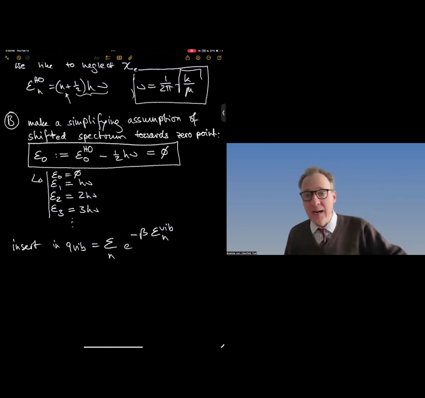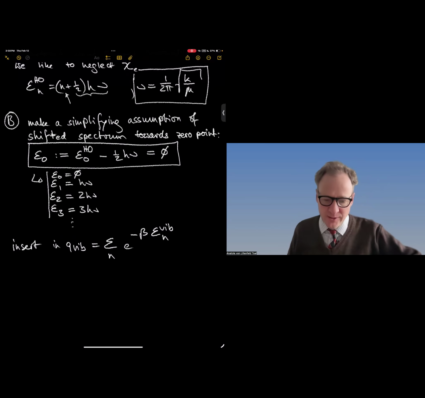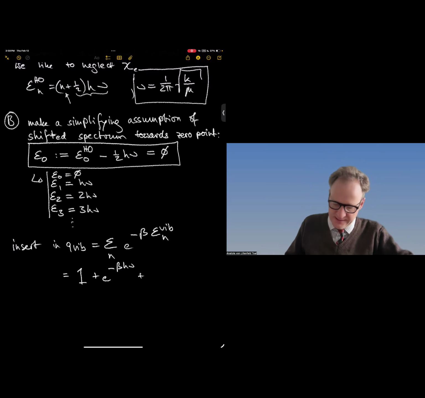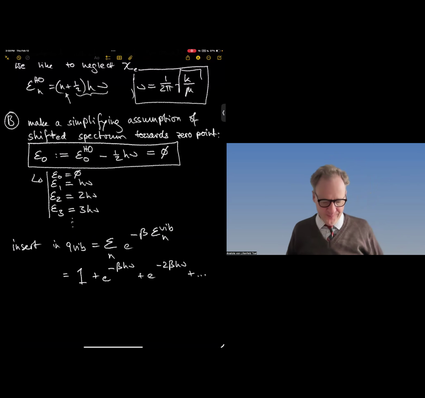Now, if we start using the eigenvalues I've listed before, you then get e to the minus 0, that would be 1, plus e to the minus beta h nu, plus e to the minus 2 beta h nu, and so on and so forth.